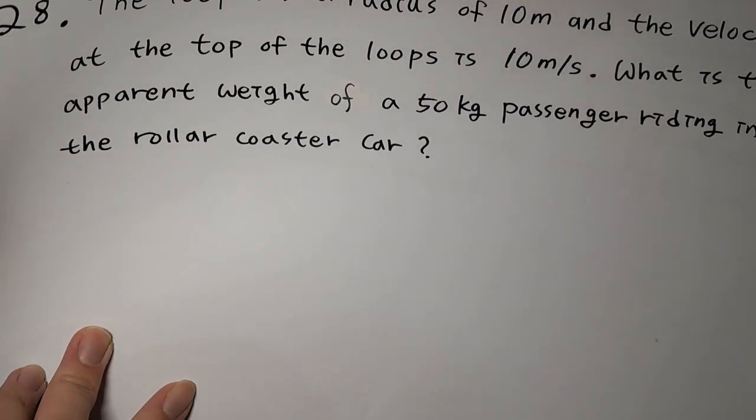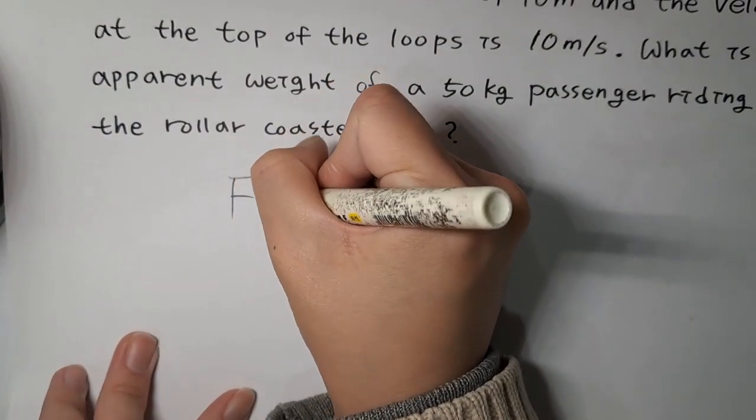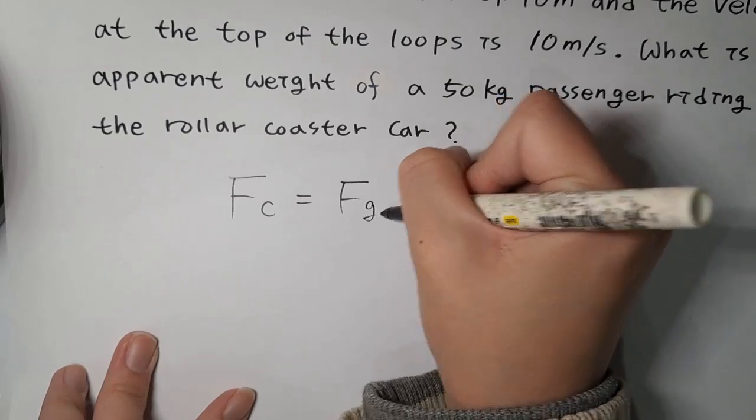Apparent weight is a measure of the normal force acting on a mass. The centripetal force is the sum of the two forces acting on the passenger in the car. So the centripetal force is going to be this.